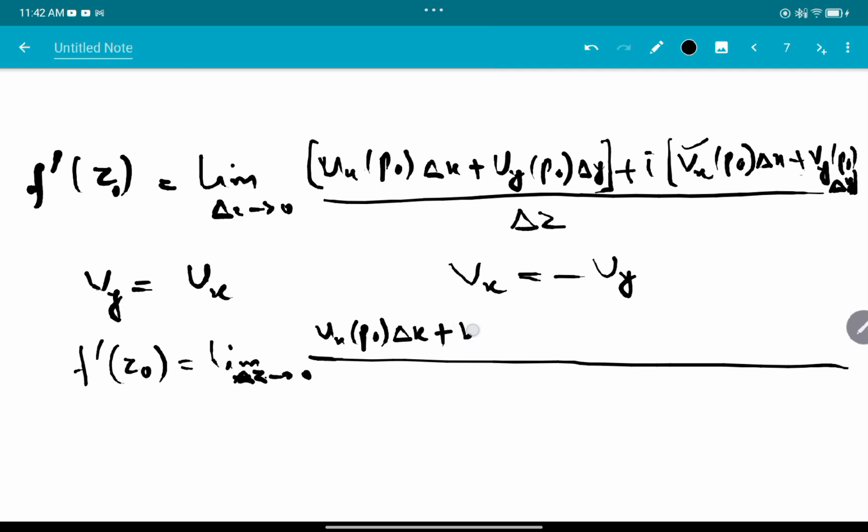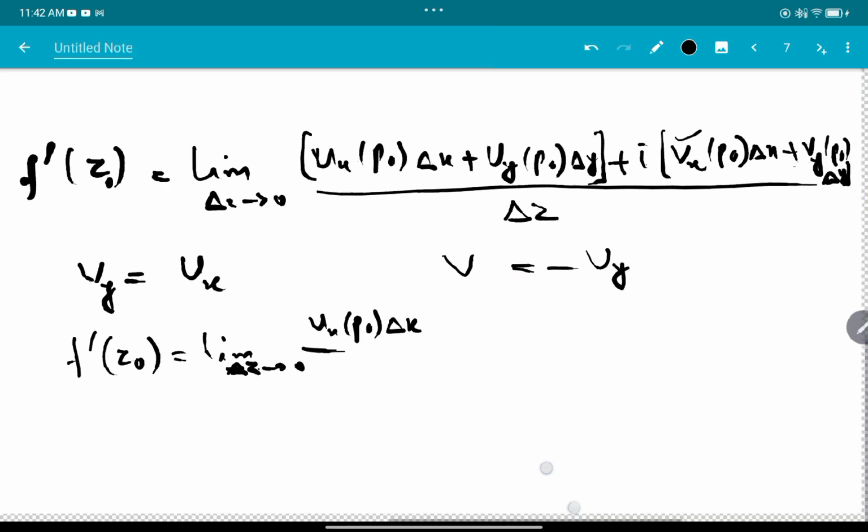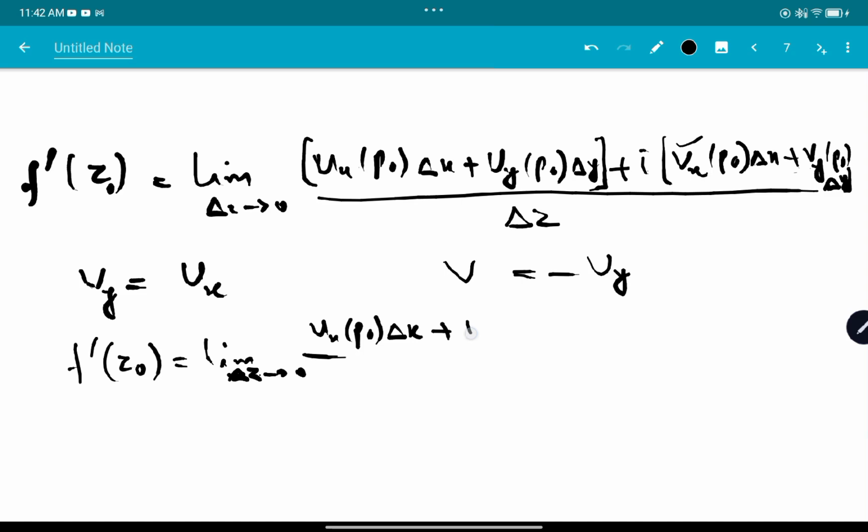Again I have ux at z0 delta y, but with i. This is not vx, it is vy, and that vy has been changed into ux. Please remember, this is u. This may create confusion, so it is better to rewrite it: uy delta y.